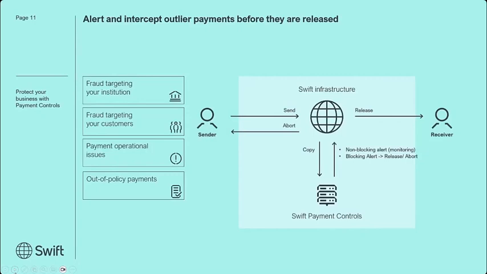However, the copy of the message, which is sent into SWIFT payment controls, can then be screened against various rules that you have configured. You can configure those rules to be blocking, which means they can block a payment if they are hit, or they can be non-blocking. That might be something if you just want to monitor the types of payment anomalies that are happening.